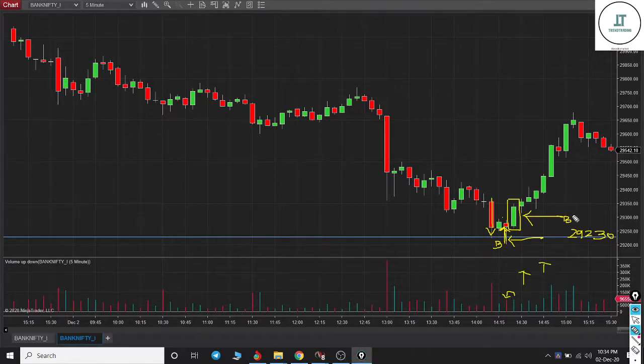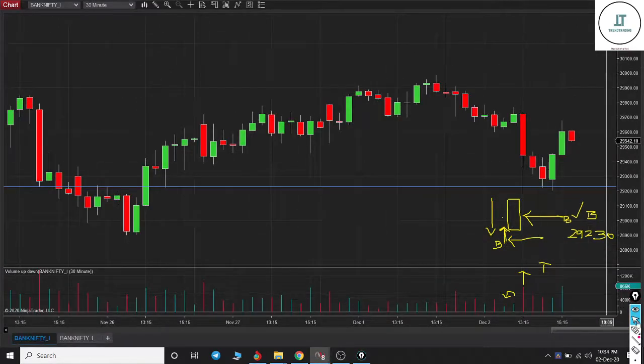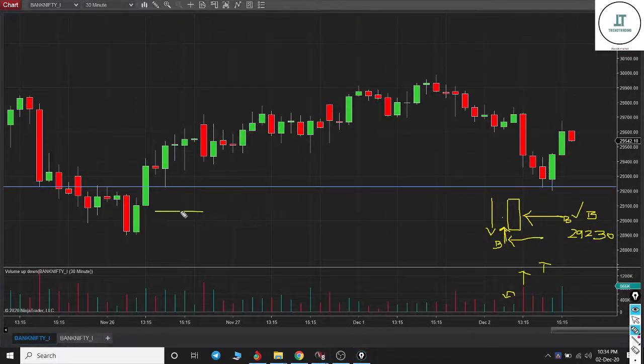This gives me a better clue now that buyers are coming into the market. Who are those buyers? They are super bullish buyers with good volume, volume increasing, price increasing, and a rejection already came in.